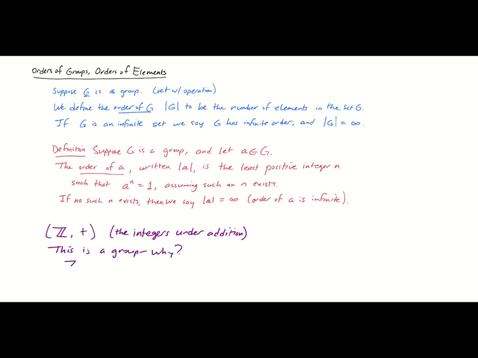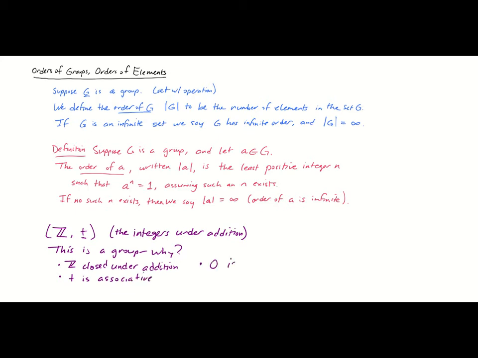Why? Well, we know Z is closed under addition, so this addition operation is a binary operation on Z. In other words, I can add any two integers and get an integer, no problem. I know that addition is associative. We've known that since grade school.